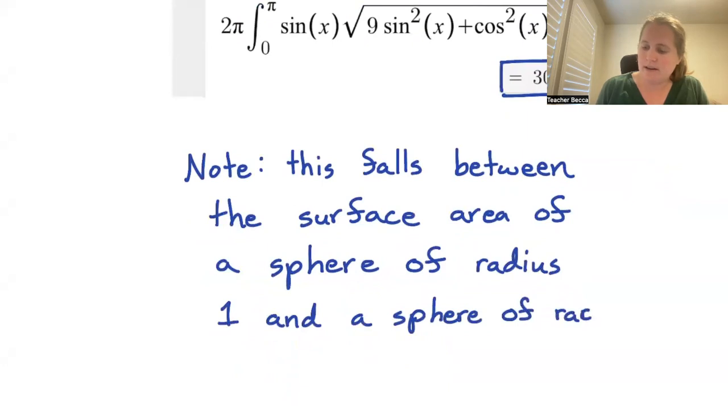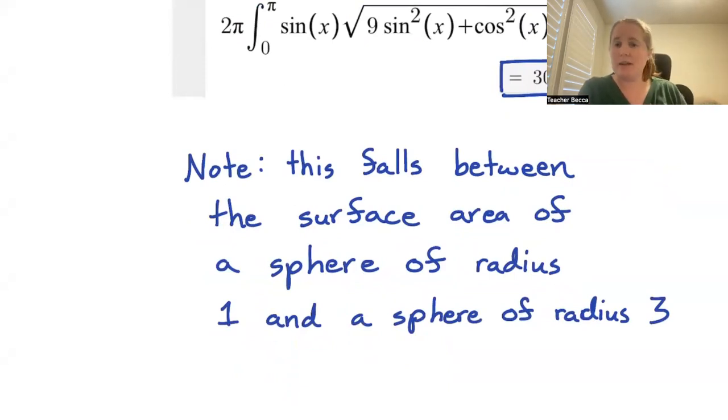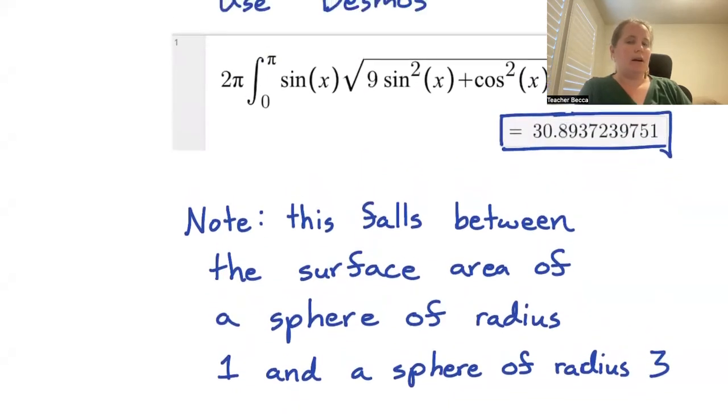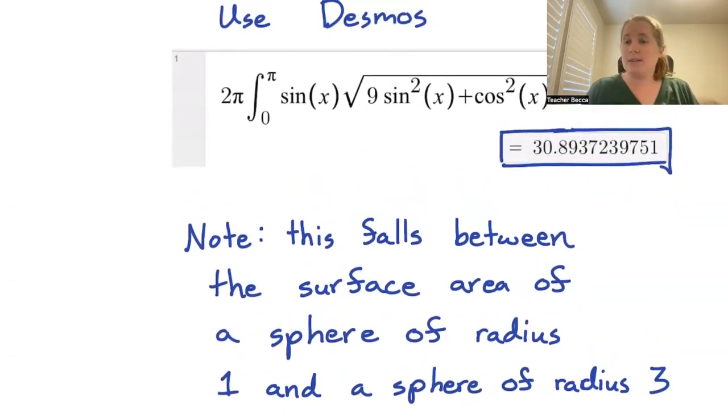Which again, our ellipse that we were working with had minor radius 1 and major radius 3. So it makes sense that it should fall somewhere between the spheres of those two radii. So this is our surface area from rotating a parametric curve.